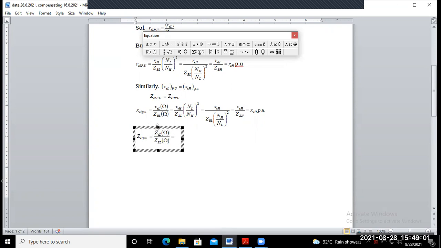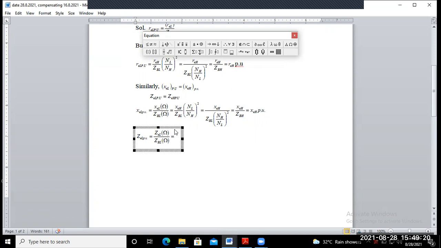So this ZEL, if you again convert it into ZEH, that means the equivalent impedance on the high voltage side, okay, it can be NL by NH whole square.